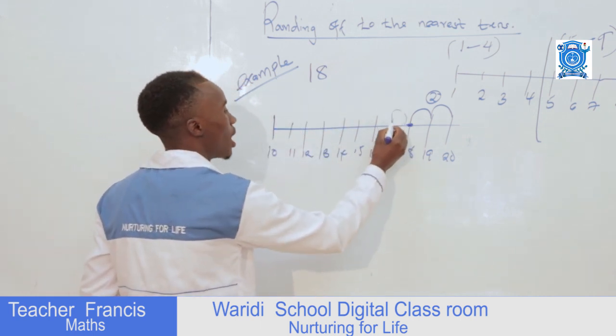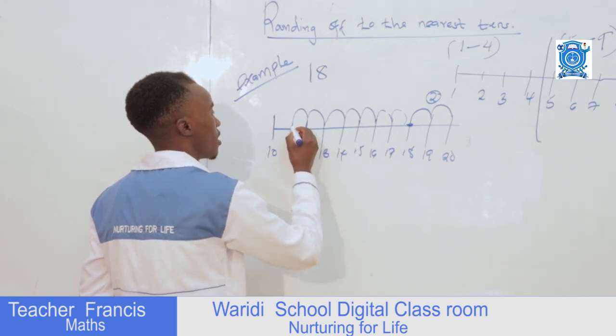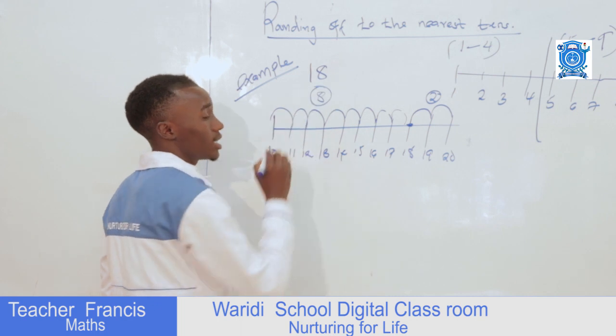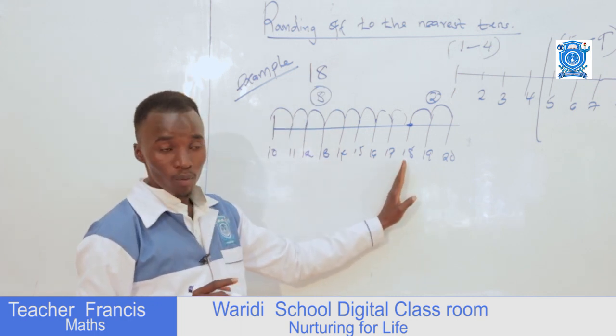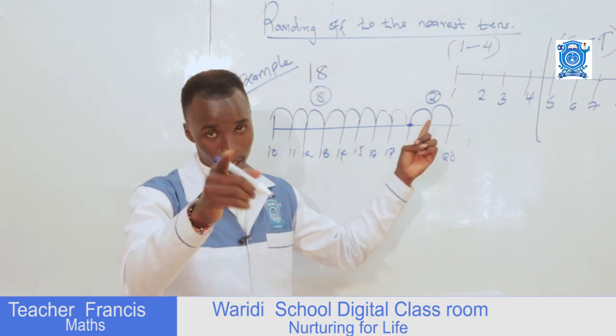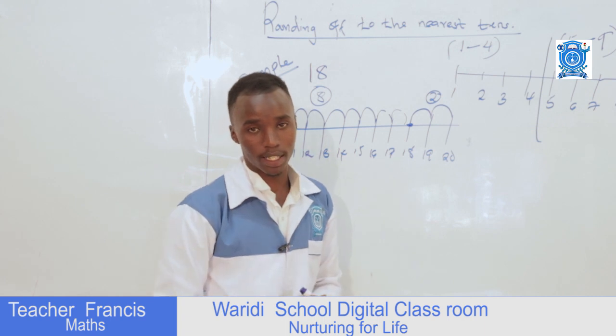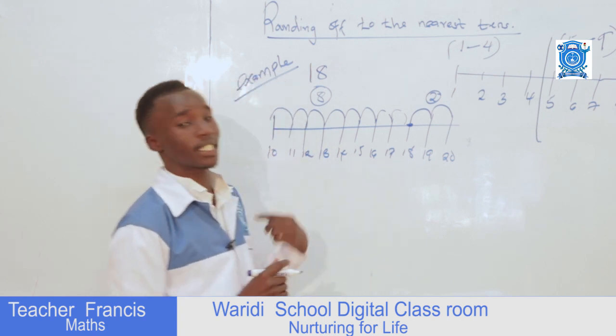The steps: 1, 2, 3, 4, 5, 6, 7, 8. You realize that from 18 moving forward to the next 10, you have to move 2 steps. And from 18 moving backward to the next 10, you have to move 8 steps.